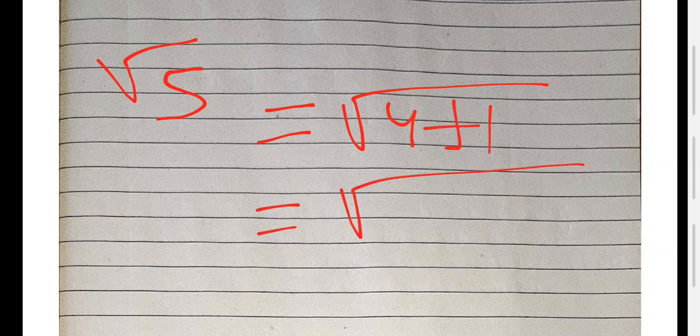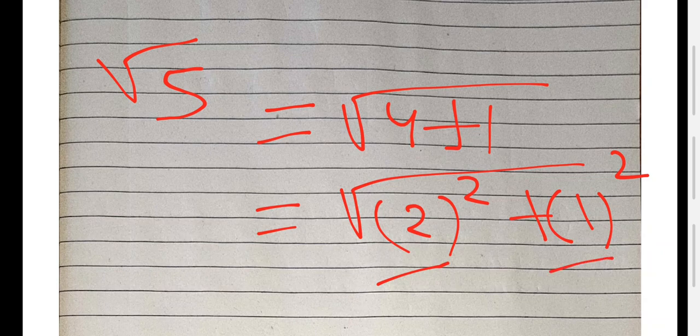Now just come to the question. You have to represent under root 5. I am solving here first in rough. Under root 5 can we write as 4 plus 1, and can we write 4 as 2 square, and 1 as 1 square?